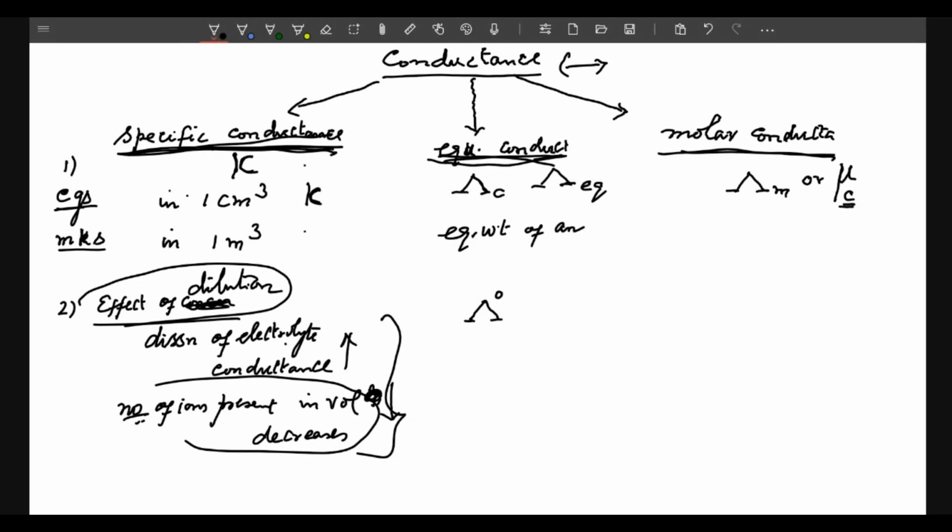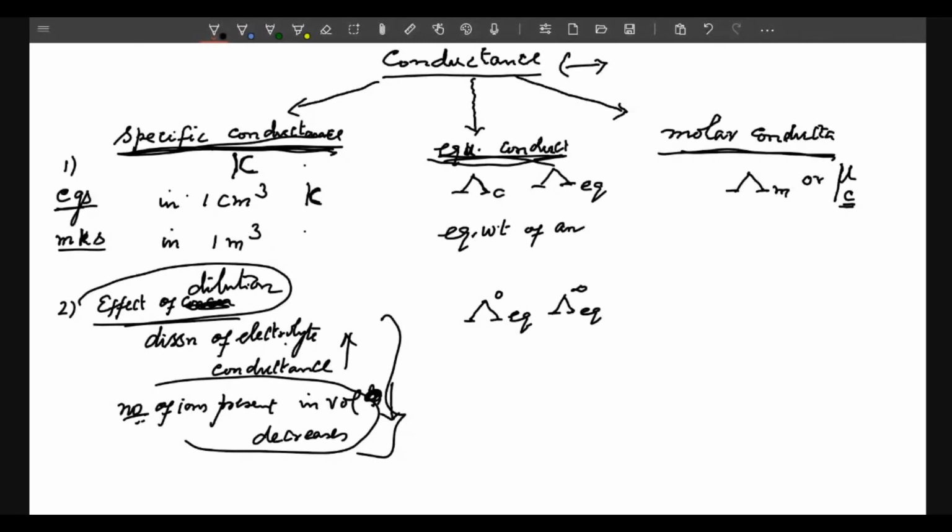It is represented as lambda superscript naught or lambda equivalent superscript infinity. The naught indicates the concentration is zero. That is, limiting equivalent conductance is the conductance of any electrolyte at zero concentration. At zero concentration, it is not experimentally possible to determine, but it is graphically calculated.